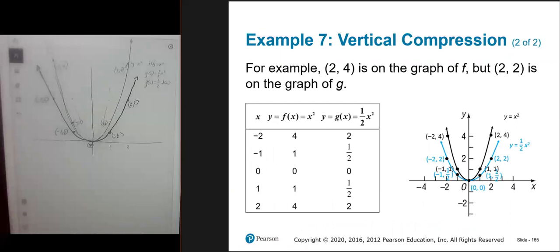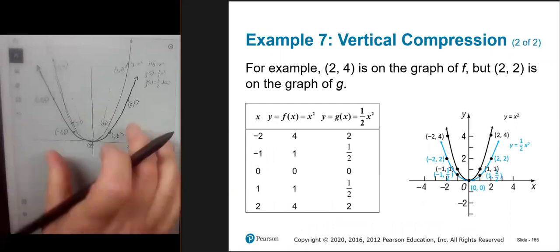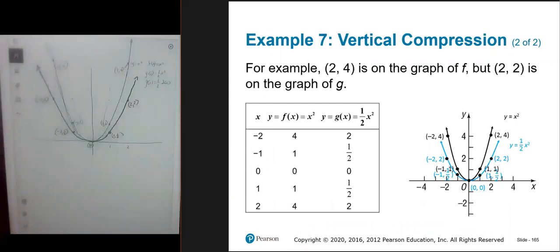Their picture is prettier, but I think it's easier to see the compression here with the expanded scale. Okay. Questions?